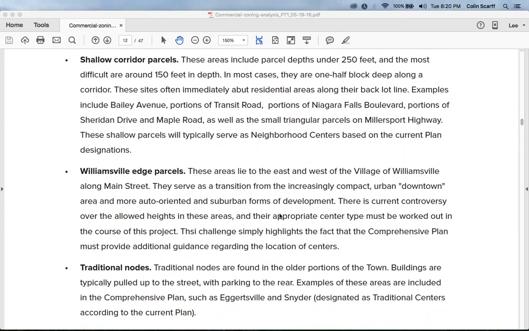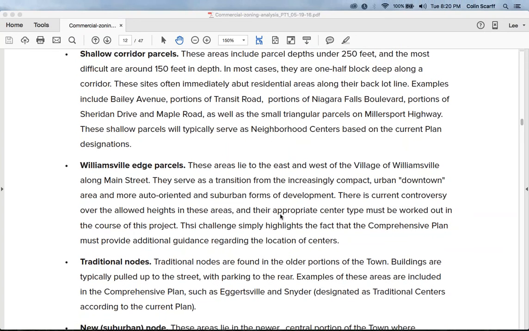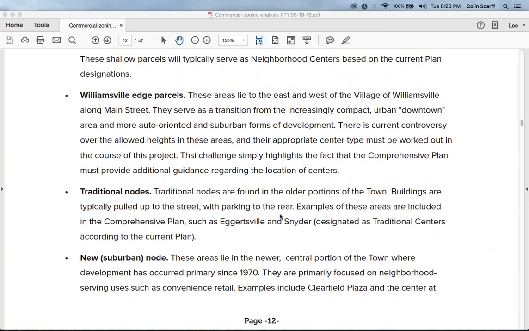The edge of Williamsville, whether east or west of the town, and how we might think about those shoulder areas, and whether those shoulders become very much like the town center, extending it out, or whether they have their own character. Some of the traditional nodes, Eggertsville and Snyder, are great examples.